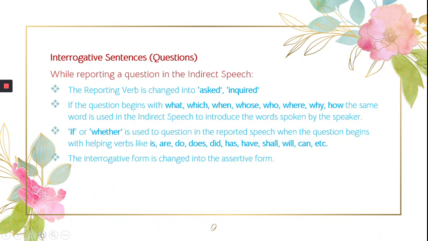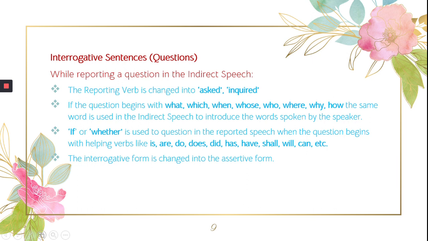Interrogative sentences. While reporting a question in the indirect speech, you need to take care of certain things. The reporting verb is changed into asked or inquired. If the question begins with the WH words or how, the same word is used in the indirect speech to introduce the words spoken by the speaker.